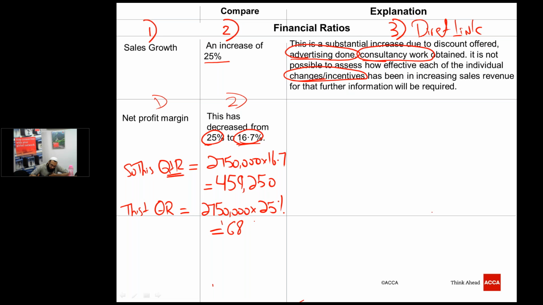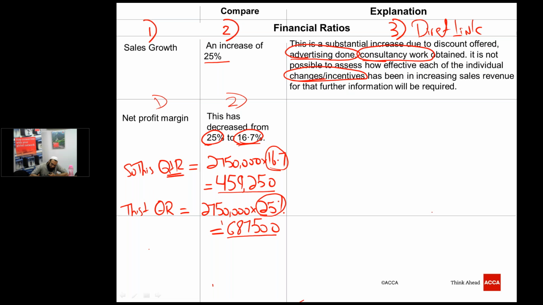It's 687,500. Getting my point, everyone? So if we would have maintained 25%, the answer is this. But our percentage was 16.7, so the answer is this.